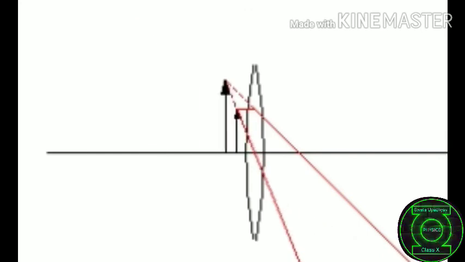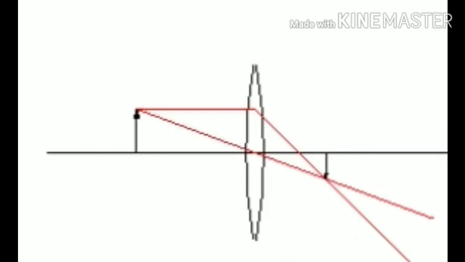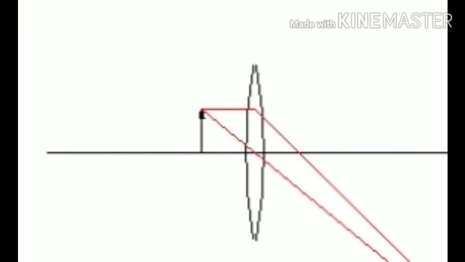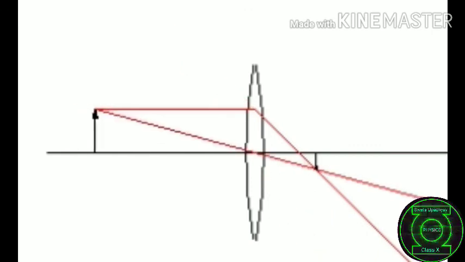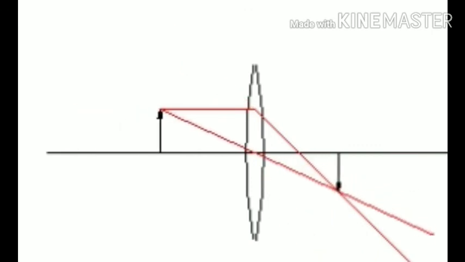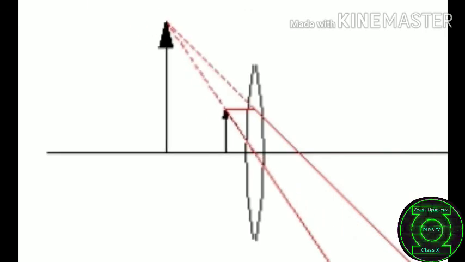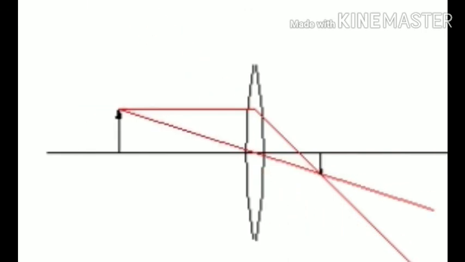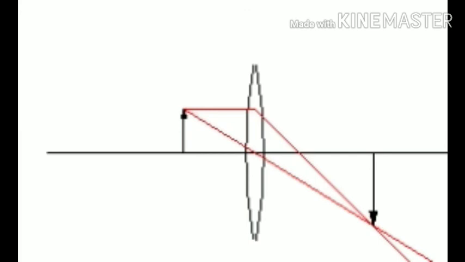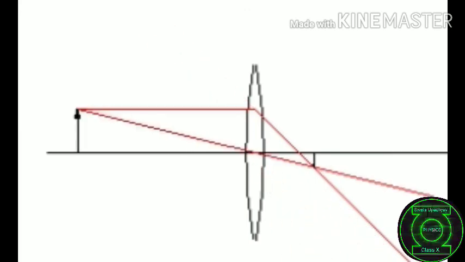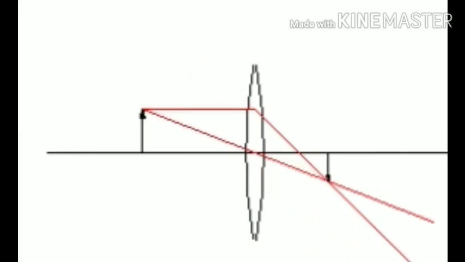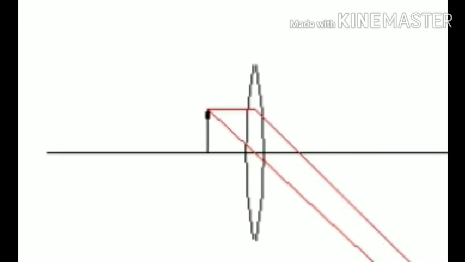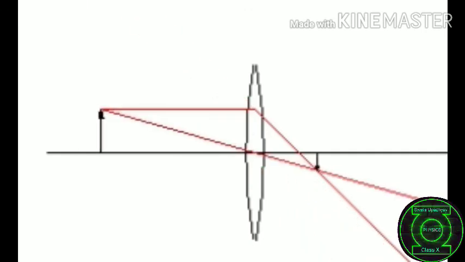As the object comes to the position of 2f, the image is real, inverted, and same size. It is obtained at the position 2f on either side of the lens. On further moving the object from 2f towards its focus f, the image will remain real and inverted, but it becomes magnified and is formed away from 2f on the other side of the lens.